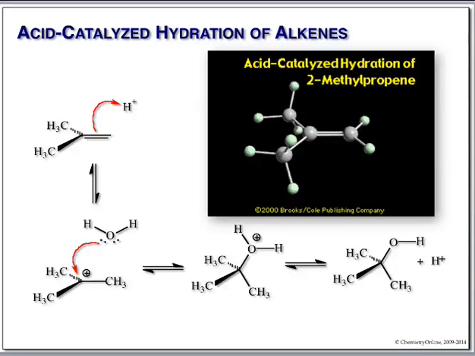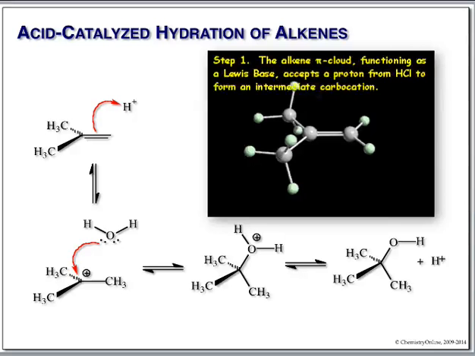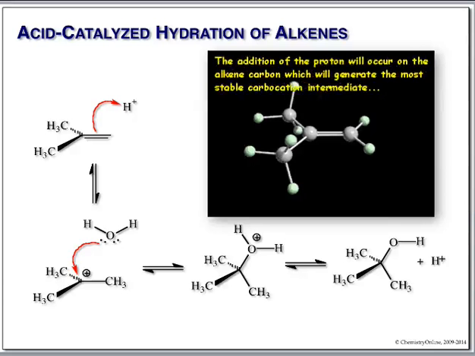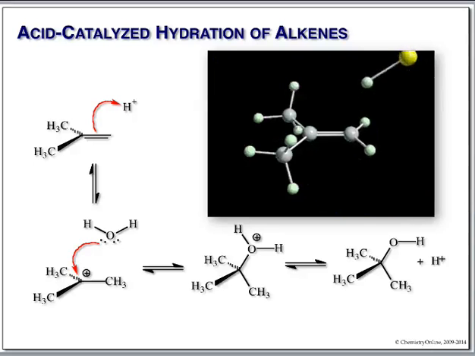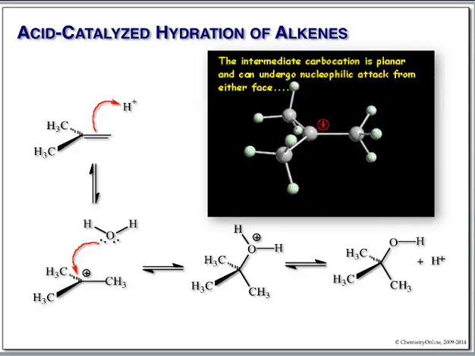Our movie. Again, this is our same alkene here. Step one, we're going to protonate to give the most stable carbocation. Now this is planar, remember. Water could attack from either top or bottom.